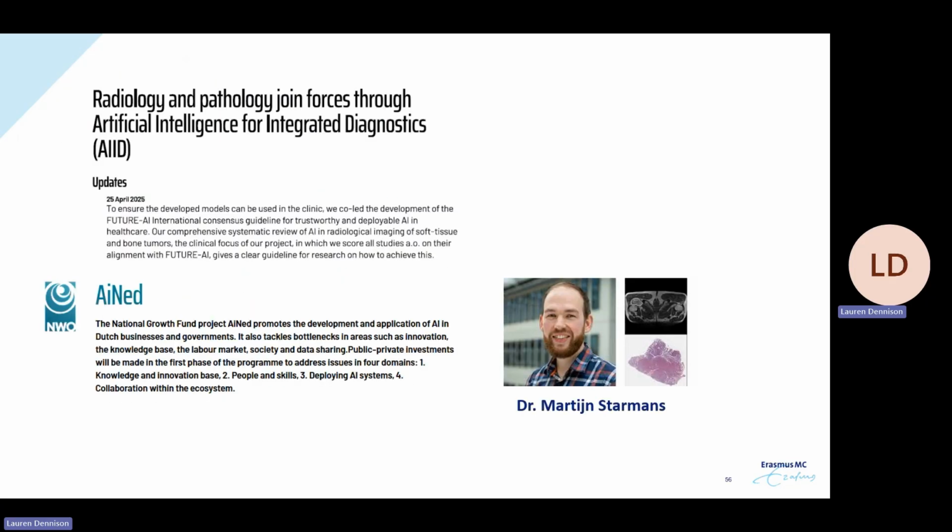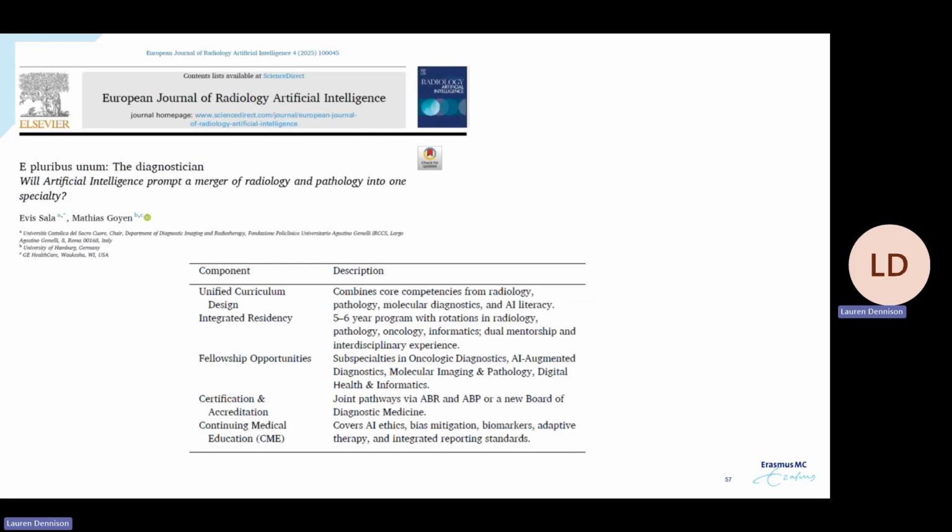We've tried to do that by hiring a talented postdoc who's shared 50-50 by the radiology and pathology department, trying to align us and actually come up with an integrated diagnostics model. He's funded by AI Ned, and that's Martijn Starmans. And perhaps we can even look at taking a step further. There are now some departments, mainly in the US, where pathology and radiology share perhaps, if not the same monitors, at least the same department.